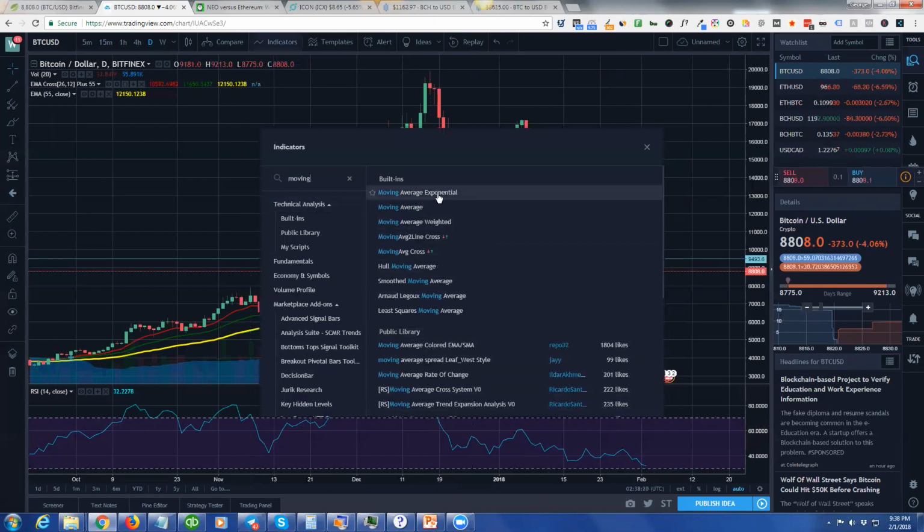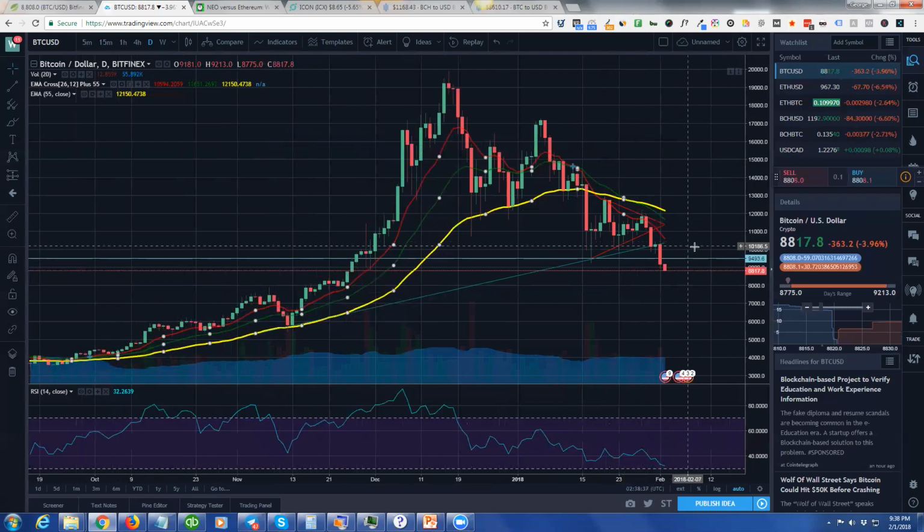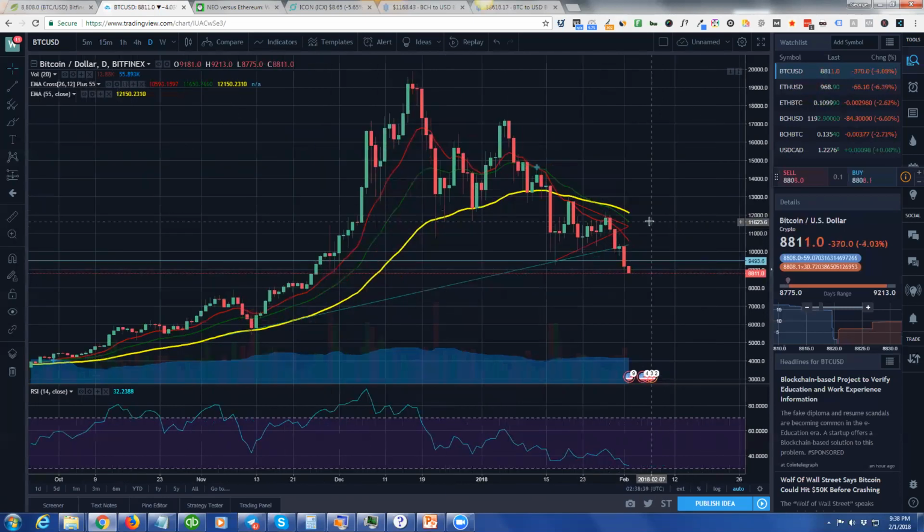The exponential moving average gives more weight to the closer periods. So if I count back 55 candles, with a simple moving average, they're all weighted the same. Versus with exponential, it gives more weight to the closer and less weight to the further away.